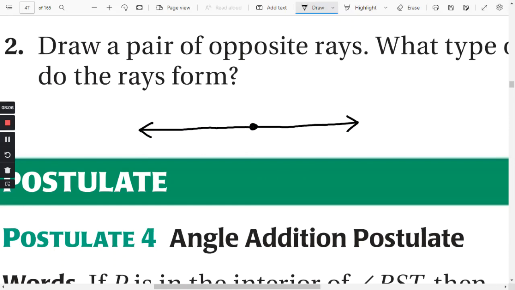Okay, those are opposite rays. And what type of angle do the rays form? That is clearly a straight angle. Okay, and the angle would be from here to here. That would be 180 degrees. So opposite rays make a straight line or a straight angle.